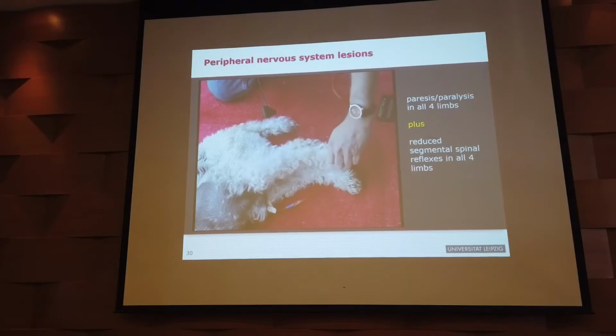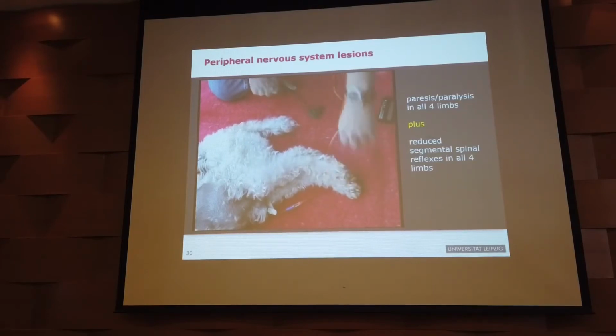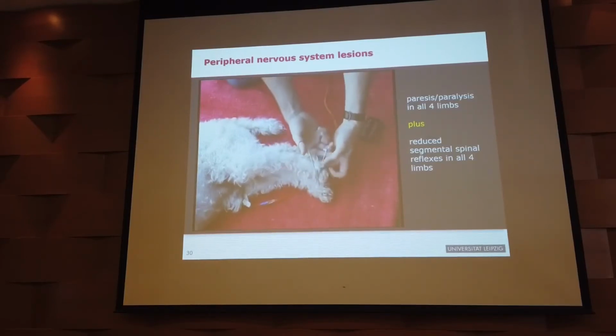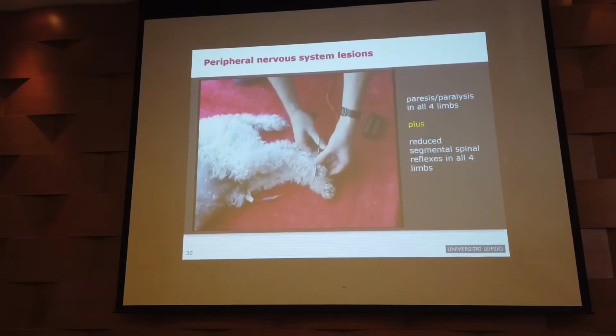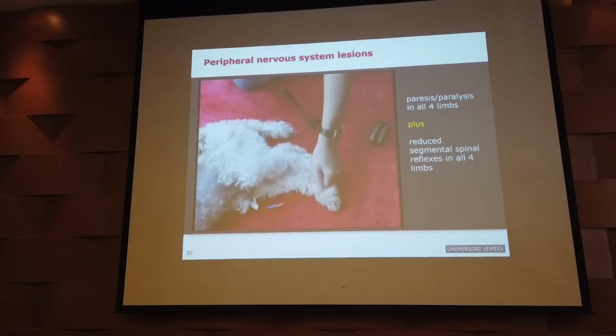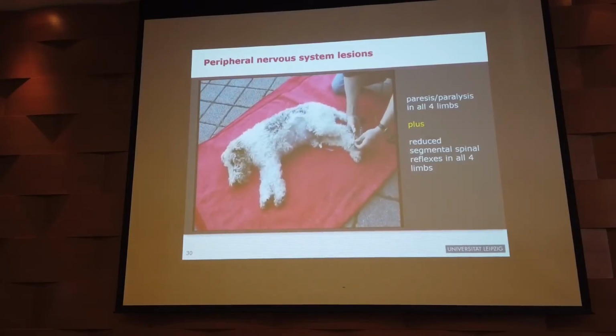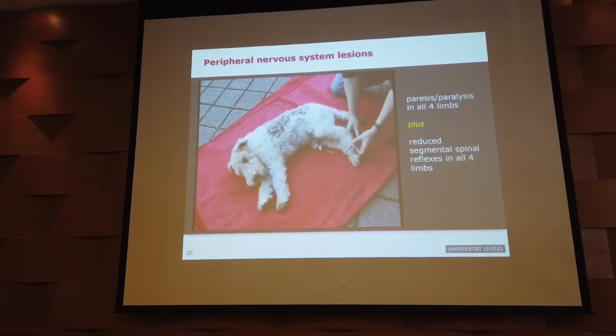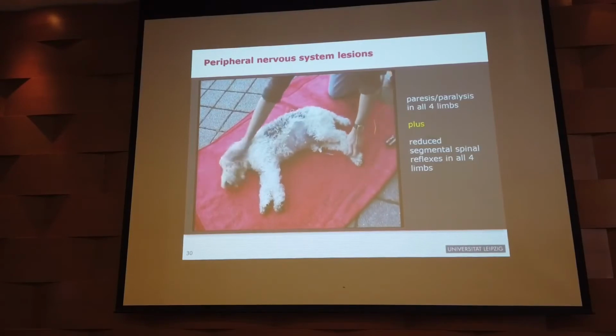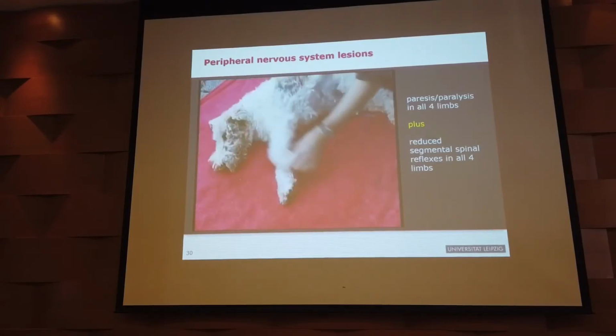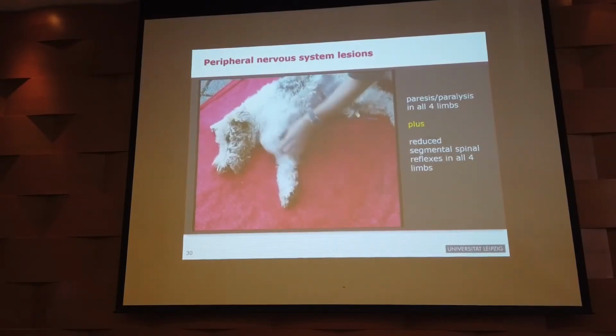Is it just a matter that I'm not pressing hard enough, so if I don't get a response, I'm a little bit meaner? And you will see in a moment that the dog actually can feel that, but cannot flex. There is no flexor reflex in the rear limb. Let's see how it looks again.